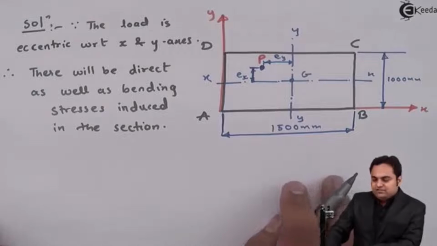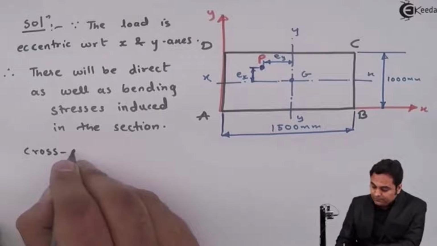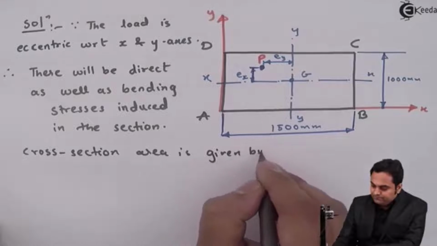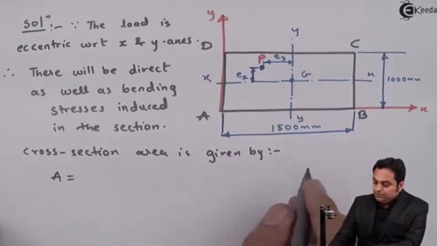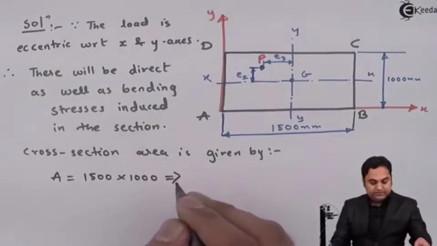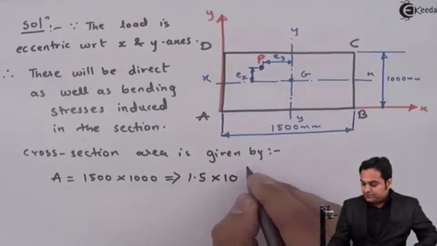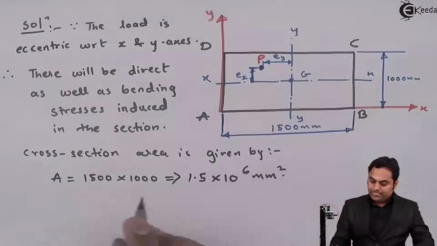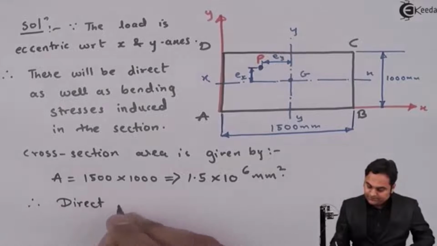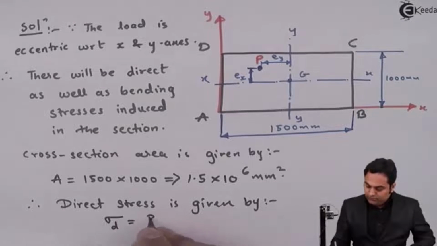So the first thing would be direct stress, and for that first I'll calculate the area. So cross section area is given by A is equal to 1500 into 1000, so that is 1.5 into 10 raised to 6 mm square. Now after getting the area, I'll say that therefore direct stress is given by load upon area.